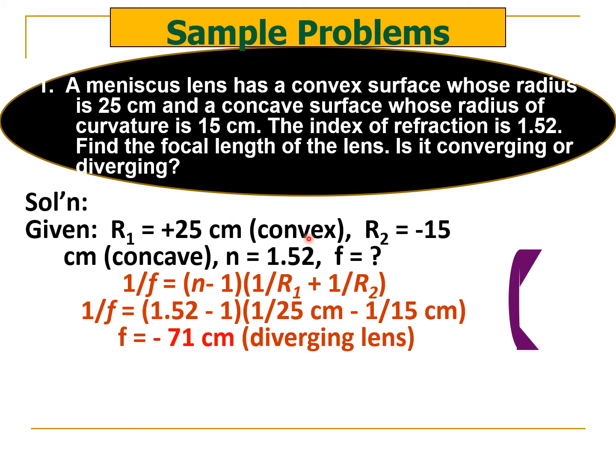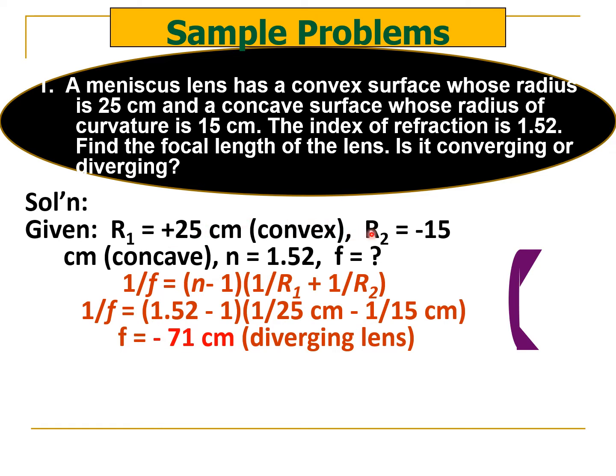Alright, so our solution to this problem is as shown here. We identify the first radius R1, which according to the problem is a convex surface whose radius is 25 centimeters. Since it is a convex surface, we assign a positive sign to this radius.